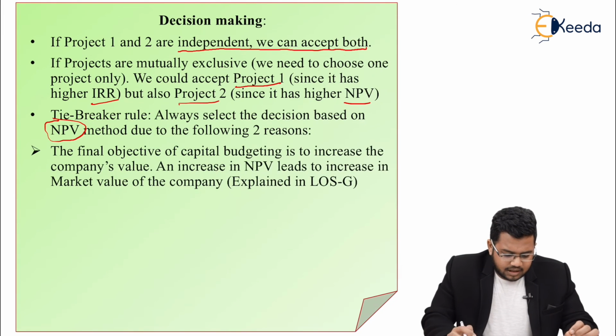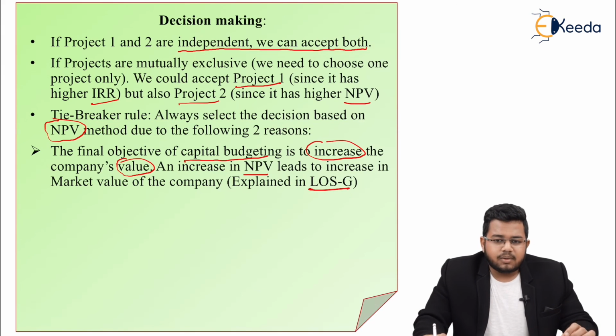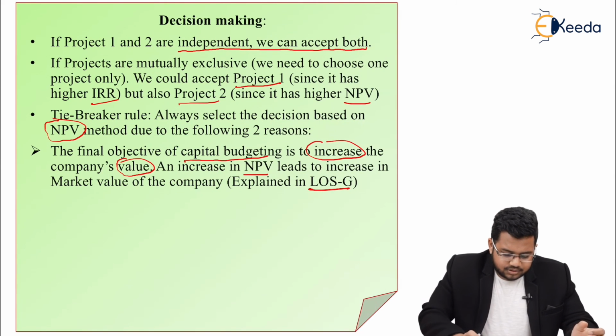First reason, the final objective of capital budgeting is to increase the company's value. An increase in NPV leads to an increase in the market value of the company, which we had studied earlier. Other things being equal, if NPV is positive, the company's value will increase and the share price will increase. So this is the first reason I would select NPV.